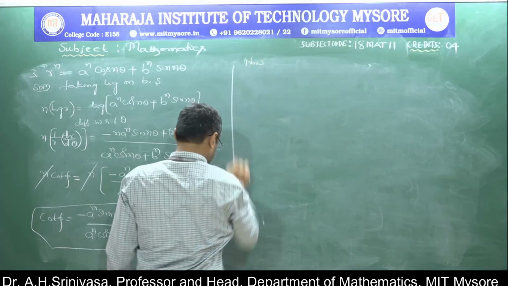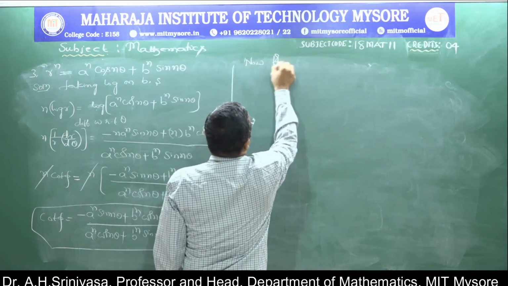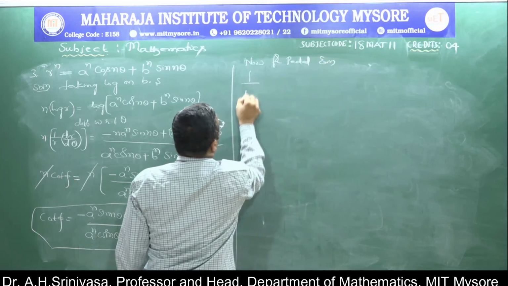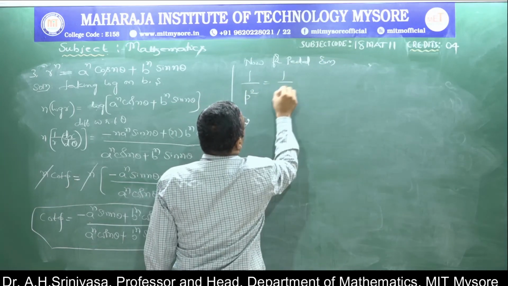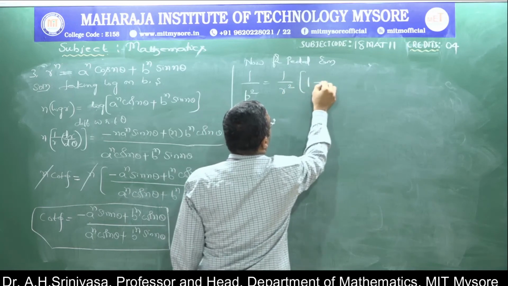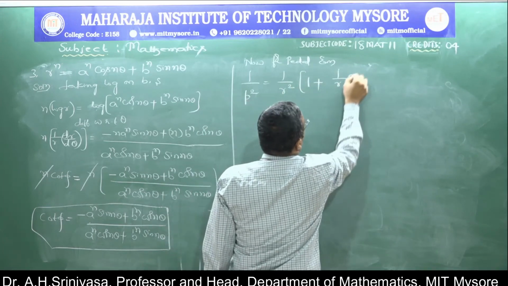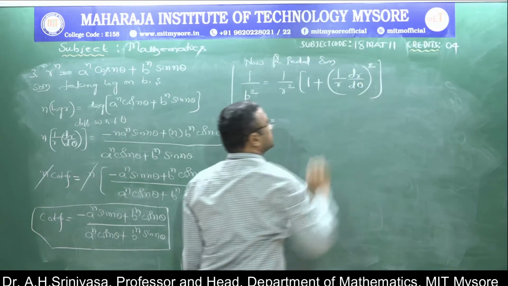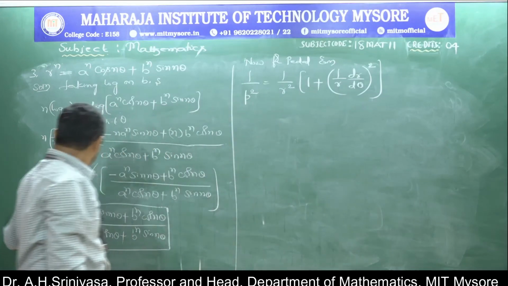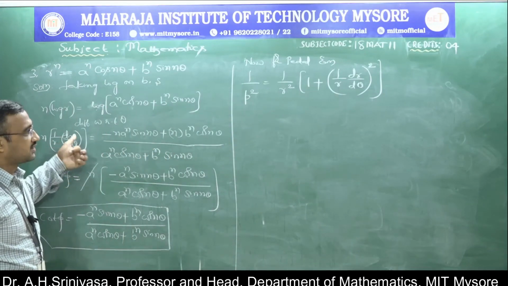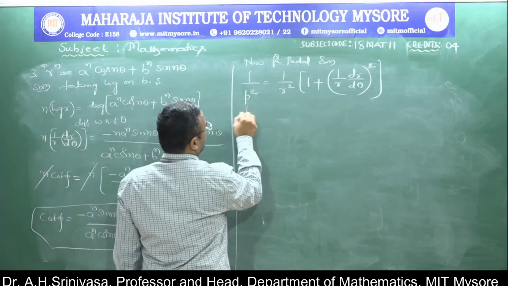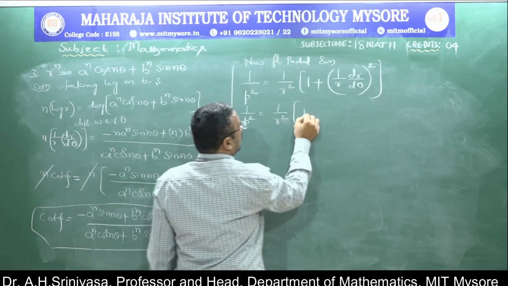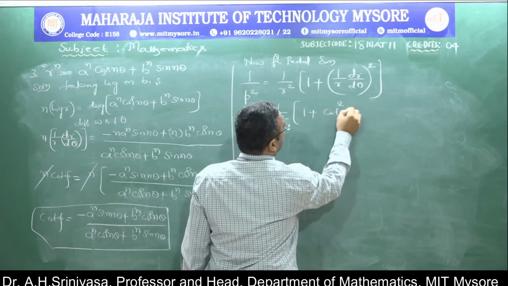Now, for the pedal equation, use this formula: 1 by p square equal to 1 by r square into 1 plus 1 by r dr by d theta whole square. Your cot phi is simply 1 by r dr by d theta. So simply you can write 1 by p square equal to 1 by r square into 1 plus cot square phi.